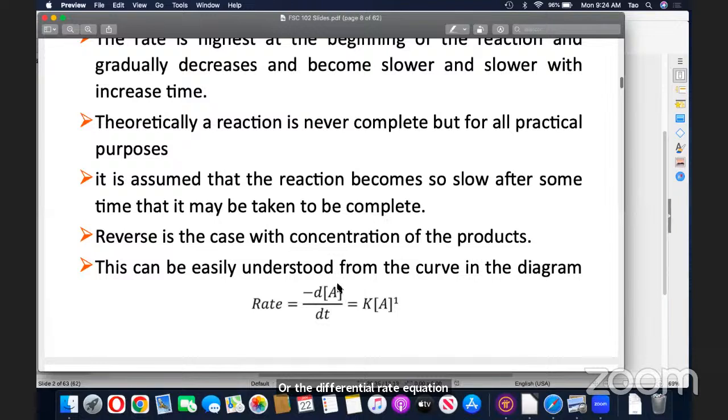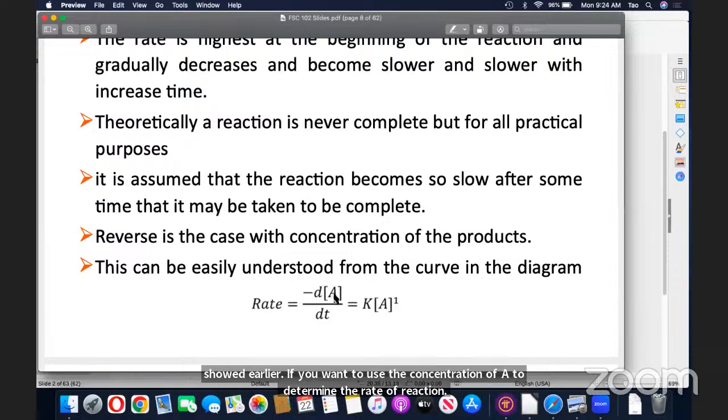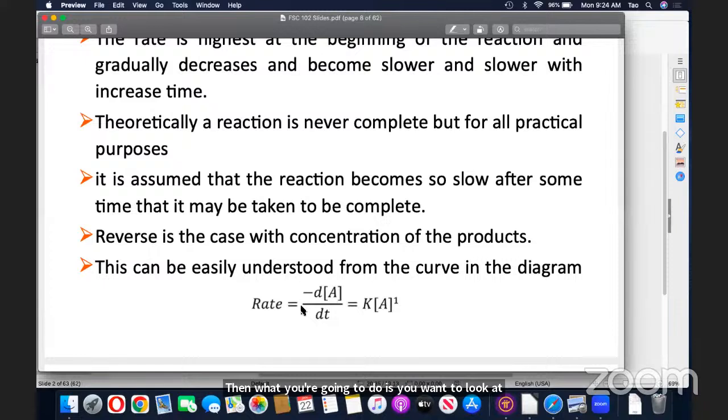So if you want to use the concentration of A to determine the rate of reaction, from the curve we showed earlier, then you want to look at the difference in A divided by the difference in time. The original concentration, or sorry, minus the final concentration divided by the original time minus the final time. We'll do that in detail.